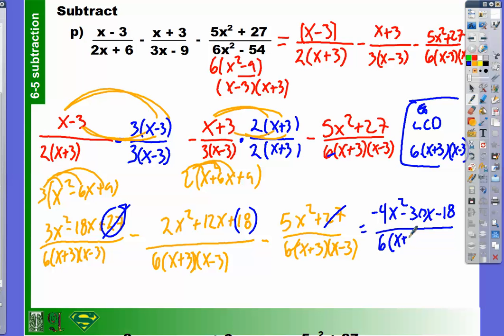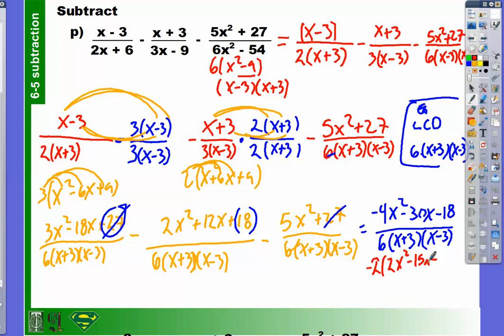Now, wouldn't it be great if that was the answer? Life isn't great. We have to do another step. I noticed that all 3 of these terms in the numerator share a factor of 2. Negative 2, in fact. So I'm going to factor out a negative 2. So I have negative 2 times 2x squared minus 15x.